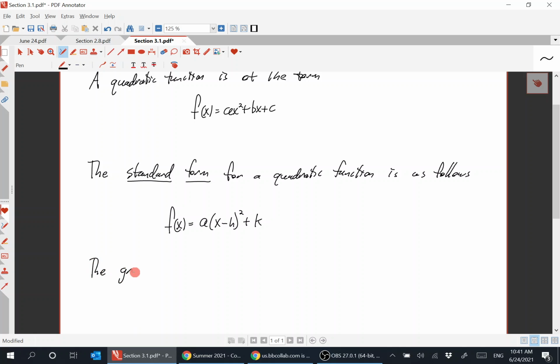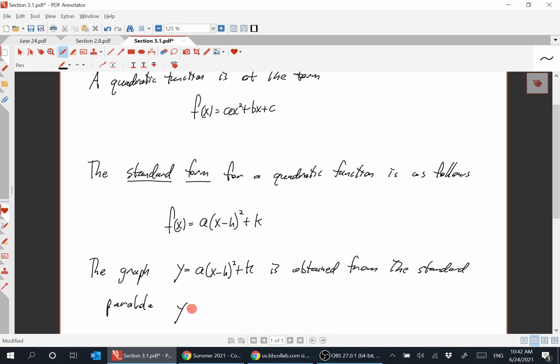So the graph y equals a times x minus h squared plus k is obtained from the standard parabola y equals x squared by the transformations from section 2.6.